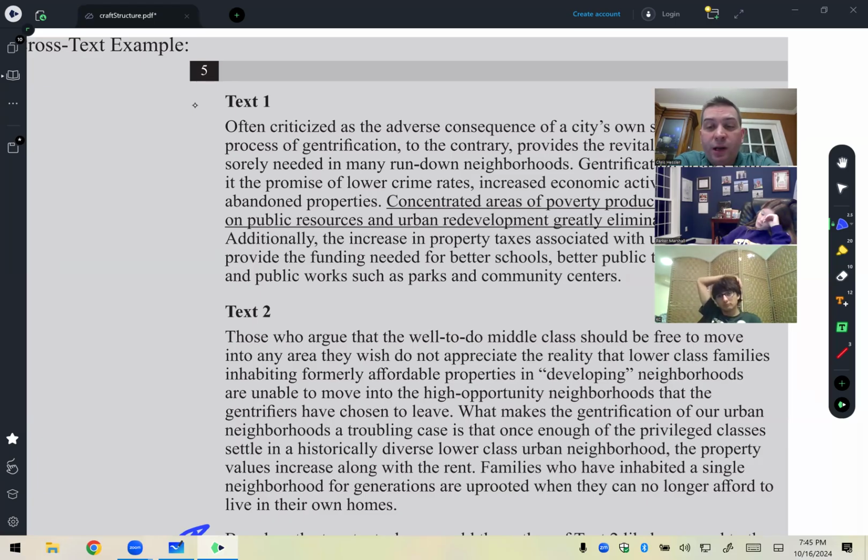What makes the gentrification of our urban neighborhoods a troubling case is that once enough of the privileged classes settle in a historically diverse lower class urban neighborhood, the property values increase along with the rent. Families who have inhabited a single neighborhood for generations are uprooted when they can no longer afford to live in their own homes. Okay, so that's what author 2 thinks.